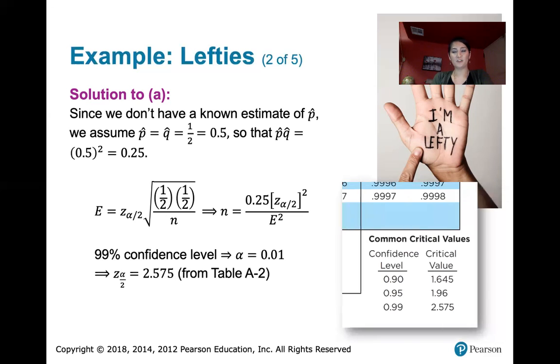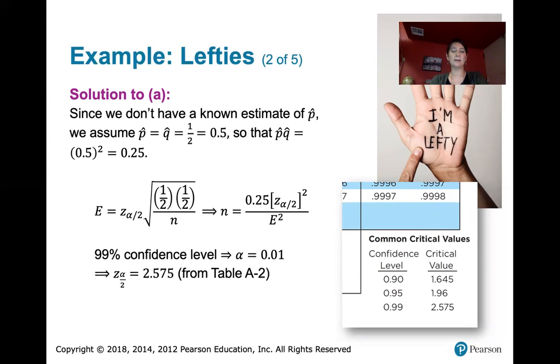Z sub alpha over 2 can be found a couple of different ways. You could just draw a standard normal distribution, put 99% of the area in the middle, take the remaining 1% and put half in the right tail and half in the left tail, and then say, okay, I'm looking for that z-score that separates that top half of a percentage from that bottom 99.5%.